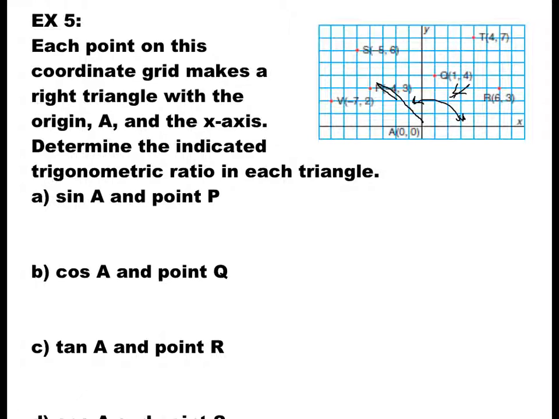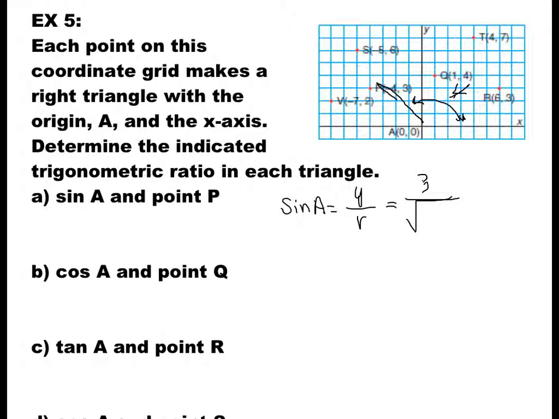To do that one, remember what we said at the beginning of the class, that sine of any angle A, if the point has the coordinates x and y, is what? Y over R. Excellent. Now, if you look at point P, what is the y value? 3. So 3 over, and what is R?